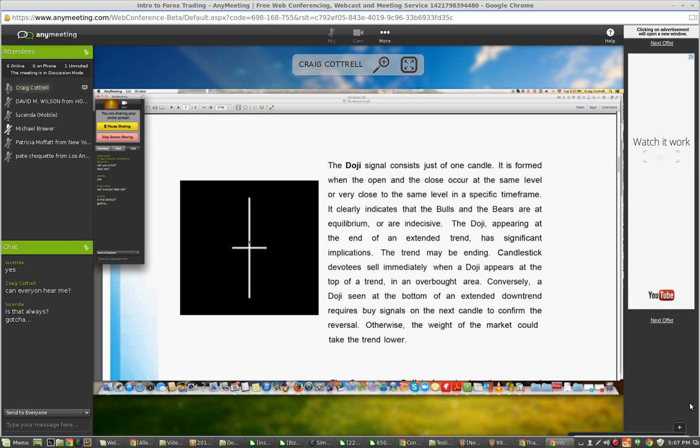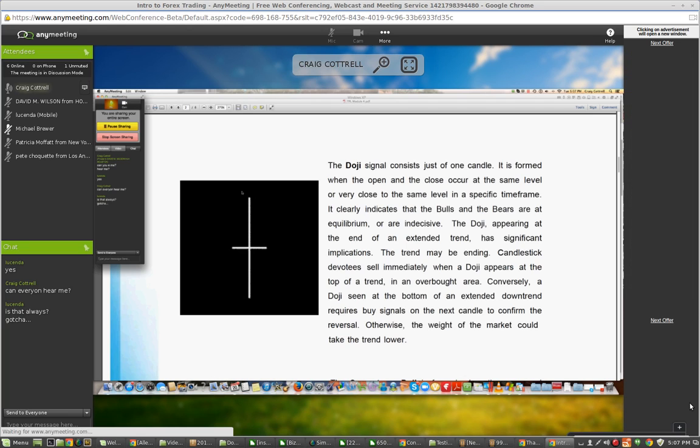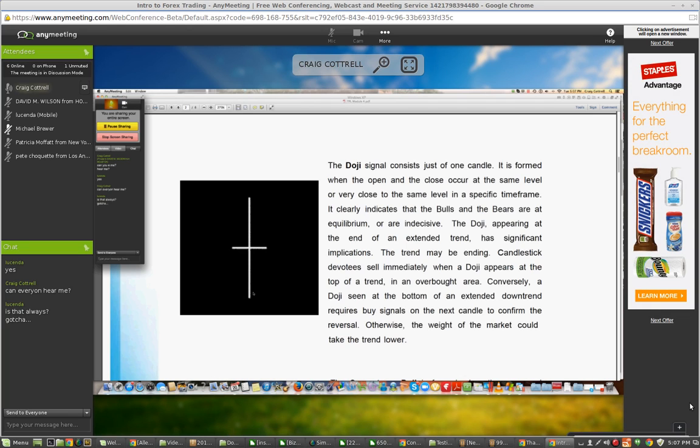Here we have a candle where we have the open and close at the same exact price, which is why that horizontal line is there. That's your open and close. That's the body. Then you have the high for the period, which is the top wick, and the low for the period, which is the bottom of the wick.